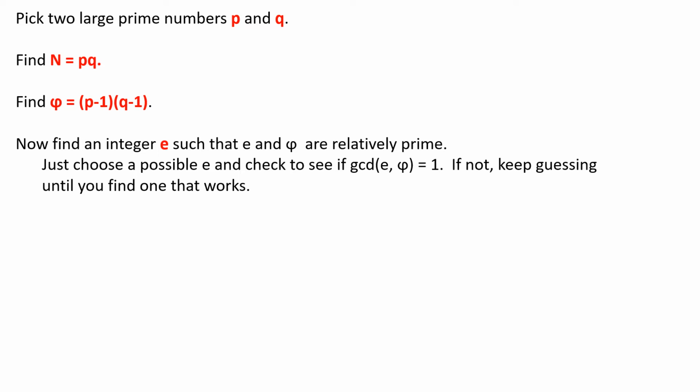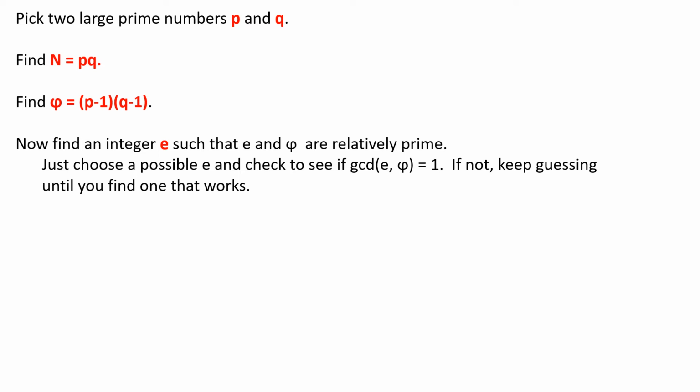Since phi is going to be a pretty big number, and E is probably going to be a pretty big number, you'll probably get lucky and choose some E that ends up being relatively prime to phi. But you're just going to choose something and check, make sure, are they really relatively prime?